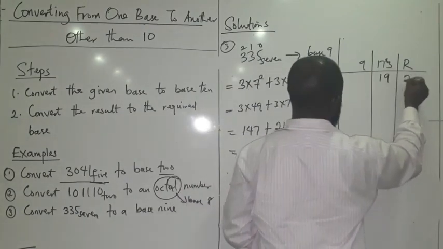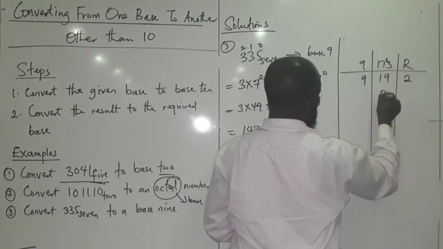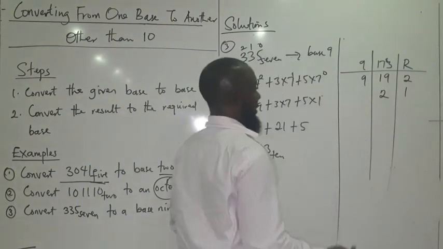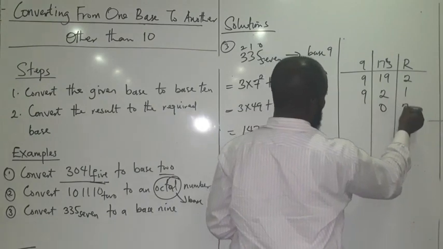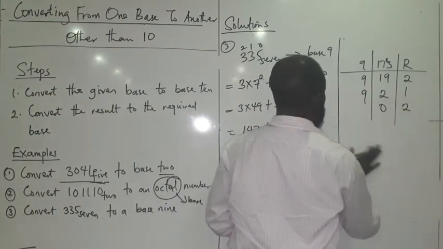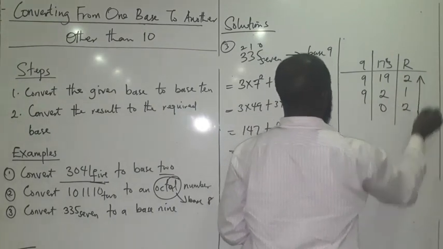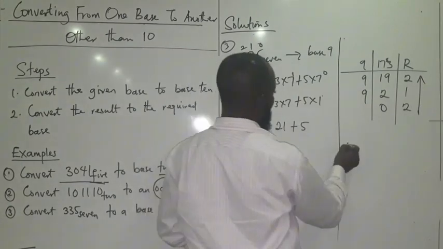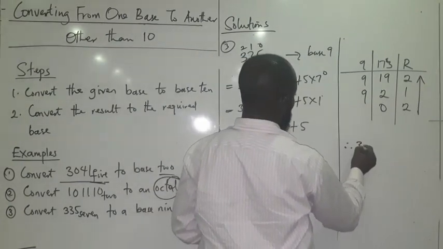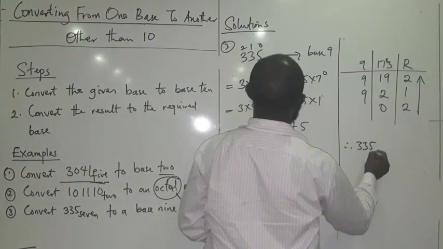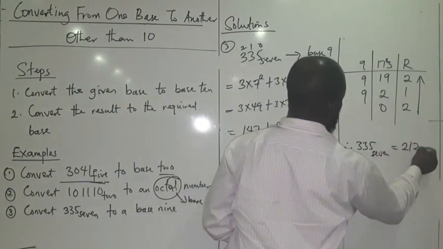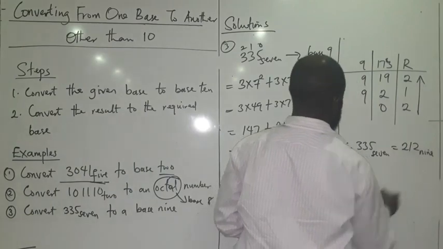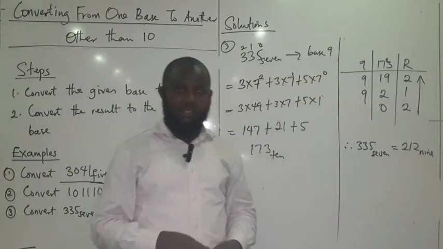We have 2 here. 9 in 19 is 2, remainder 1. And 9 in 2 is 0, remainder 2. So the answer is read from the bottom to the top. We can conclude that 335 base 7 equals 212 base 9.